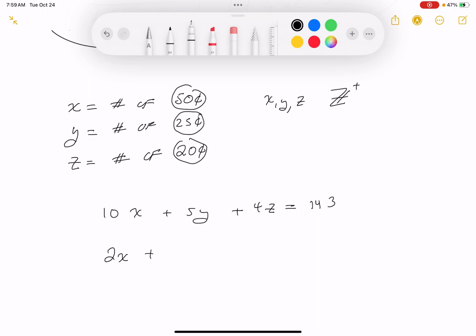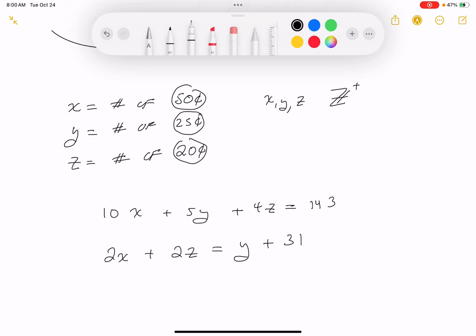Yeah, 2 z's. Again, all I can do is keep reading it. Word soup almost. Shall exceed the number of 25-cent pieces by 31. So it's going to be y plus 31.